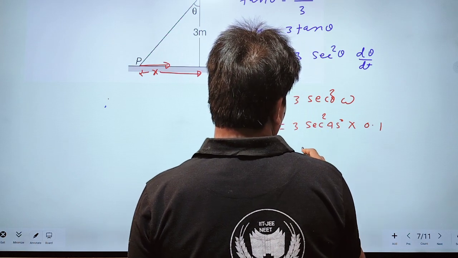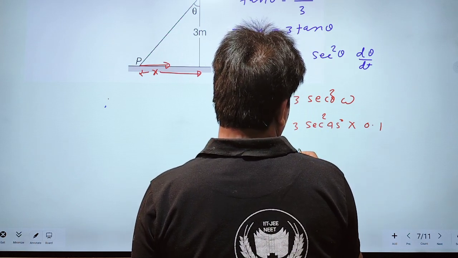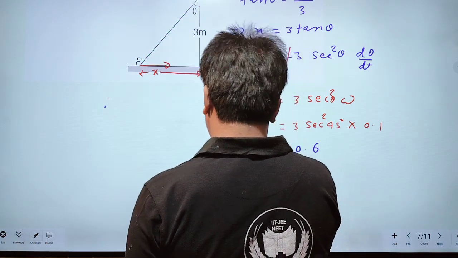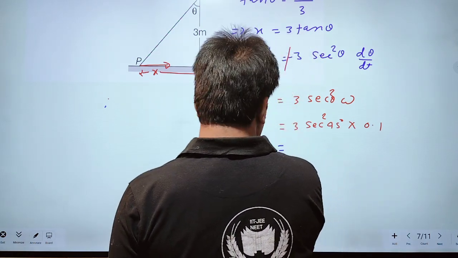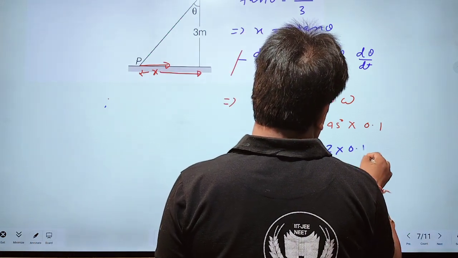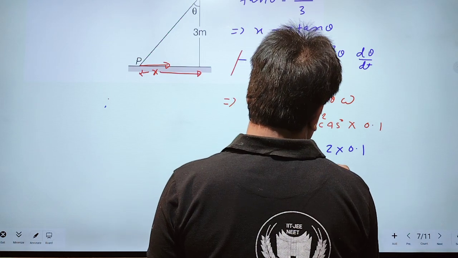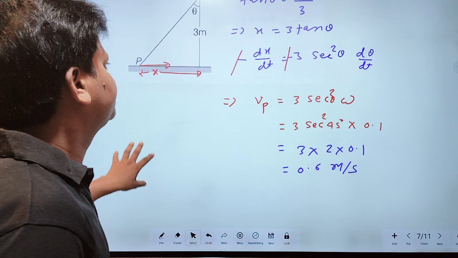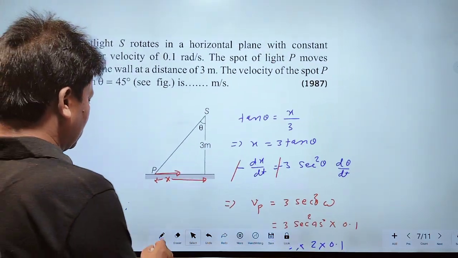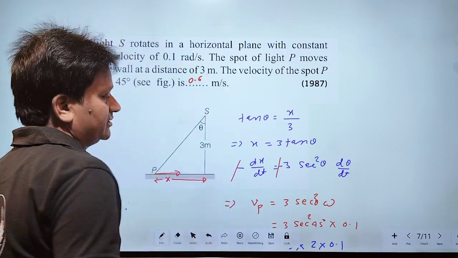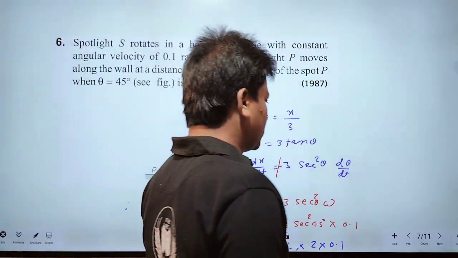The square of root 2 is 2. 3 times 2 times 0.1 gives 0.6. Therefore, 0.6 meter per second. This is the answer. Okay.